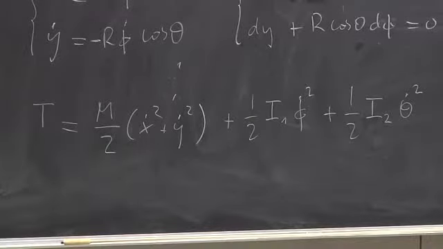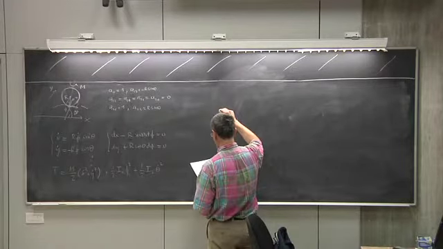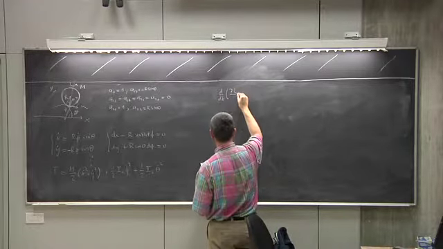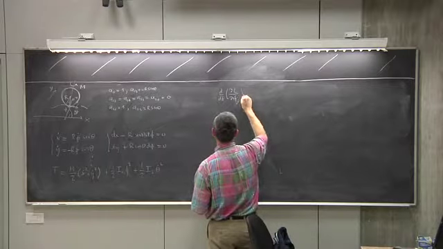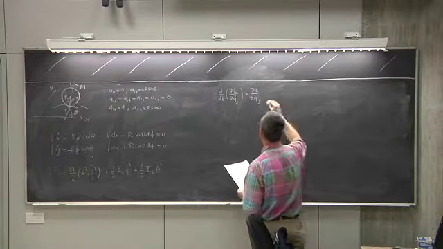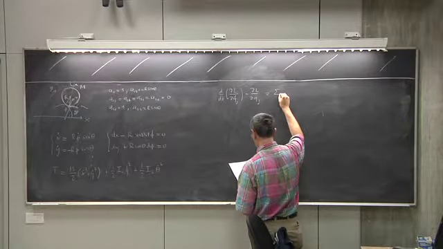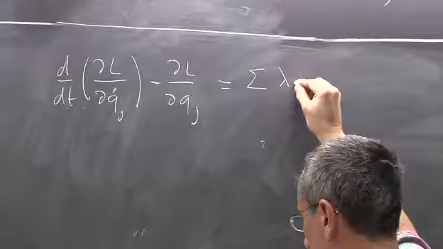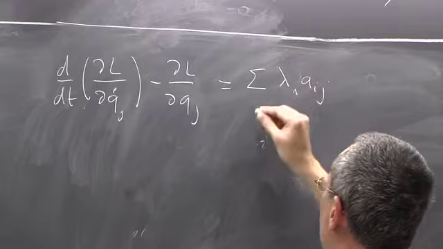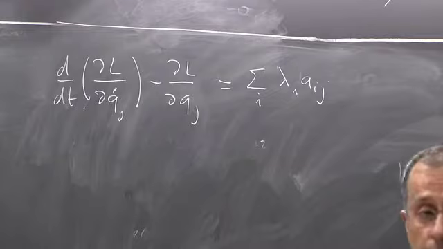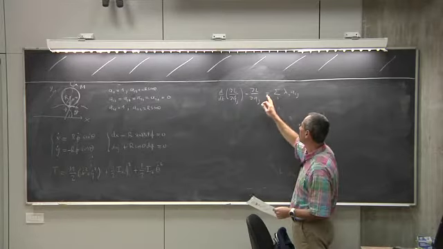And I can write the Lagrange equations. So I have d/dt dL/dqj dot minus dL/dqj. And I only have to remember that I have to sum here the lambda_i A_ij. So this is the usual part, this is the new part.